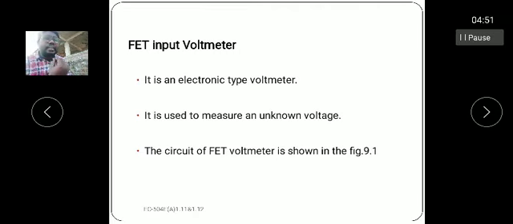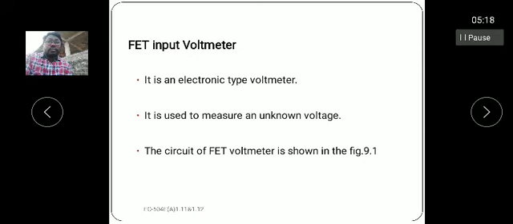Generally it is an electronic type voltmeter. Why? Because here we construct the voltmeter with the help of electronic components, the standard components.